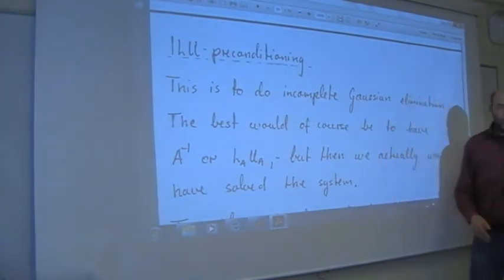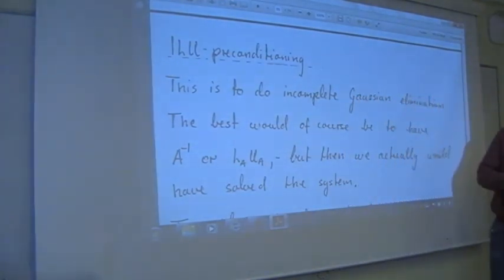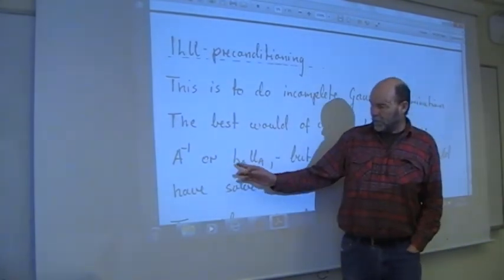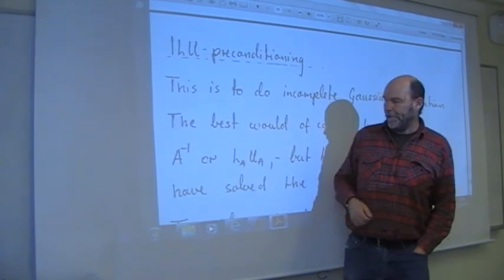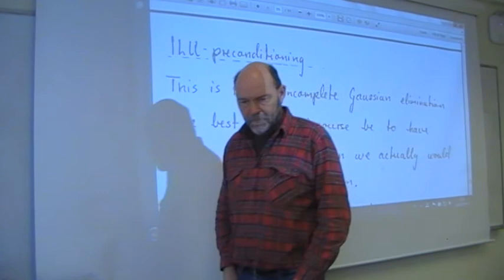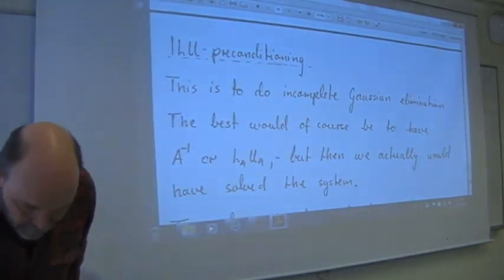So if you really want this preconditioner to do a good job, it's a memory price. So you have to make the balance here. How close should these lower upper matrices be to A inverse? Be careful.